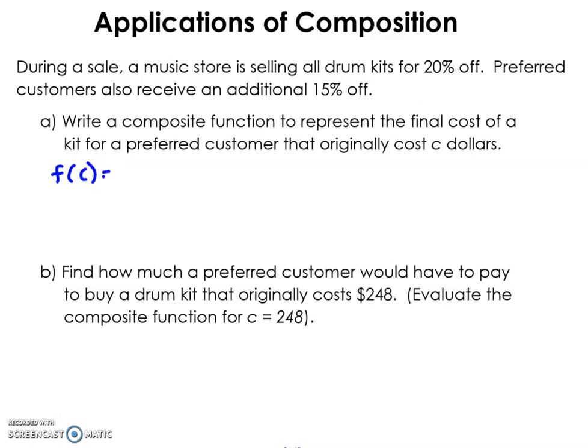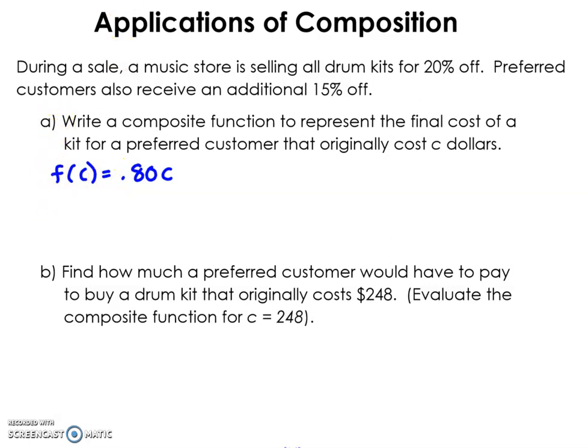So f of c is going to be how much it costs for everybody. So it's 20% off. So if they're saving 20%, that means they're paying 80%. So the price would be 0.80 times c. So the number of dollars times 80%. That's how much they're paying.